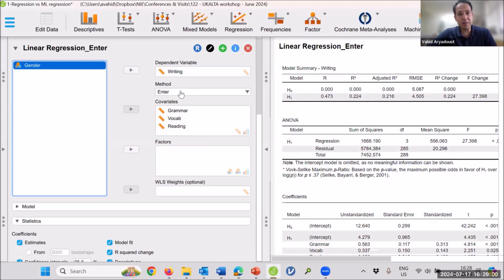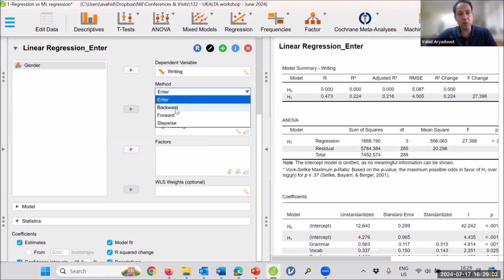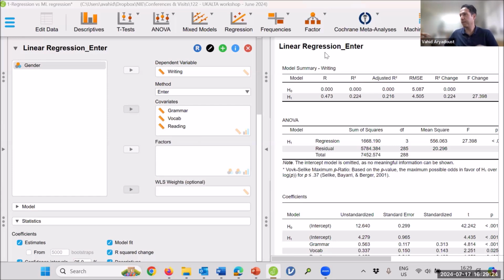Then there are some methods here: enter, backward, forward, stepwise. Covariates and factors. I have got covariates here and factors, and I'm sure you know the differences between covariates and factors. Well, let me ask you, what is the difference between covariates and factors in regression? Can anyone tell me?